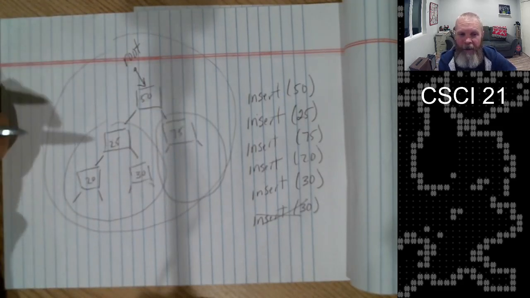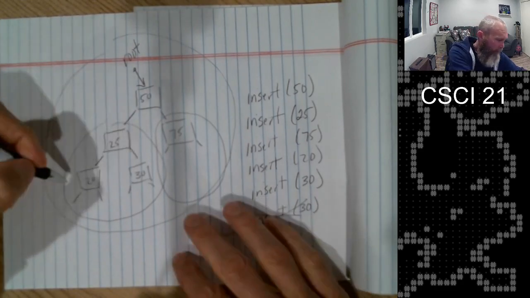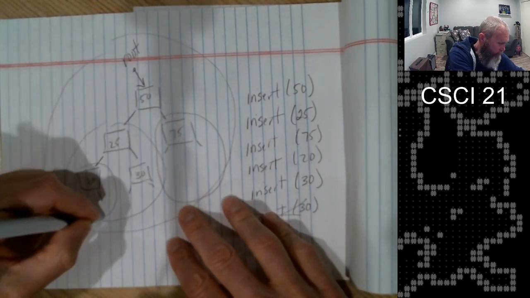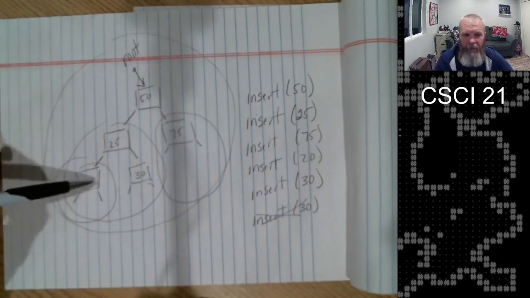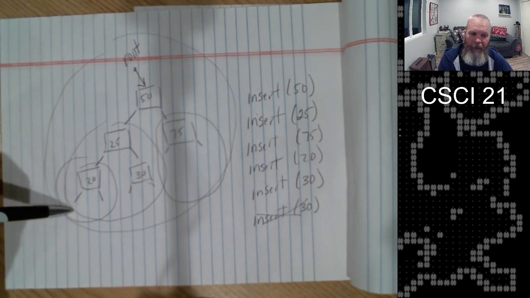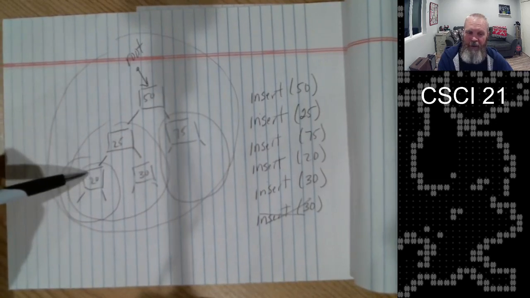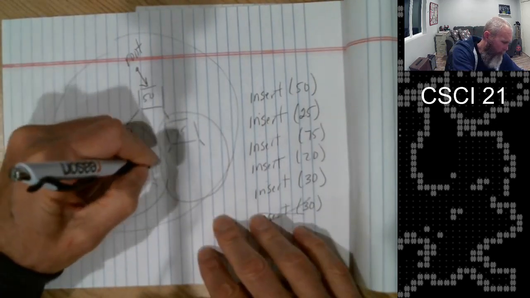But if we keep going, if we go to the left of 25, that's another tree. And everything in that tree also has to be ordered. Left is smaller, right is bigger. Although here we get to a tree that has no children, so it's just a one node tree. Here's another one.